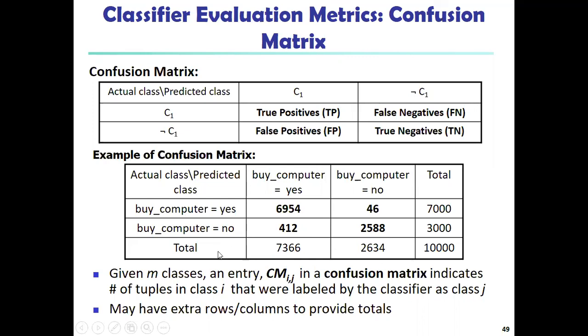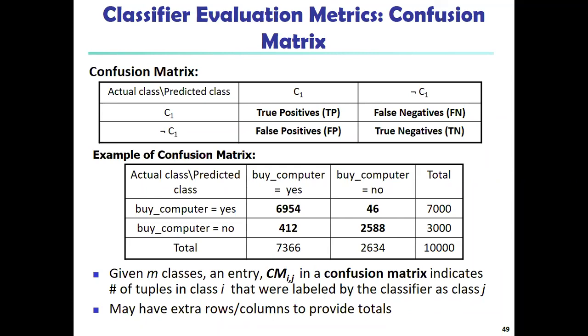In this case, can anyone tell me which two cells will create a major impact on calculating the accuracy of a model? According to you, what do you think? Among these four cells, from which cells can I understand that the model accuracy is a good one?